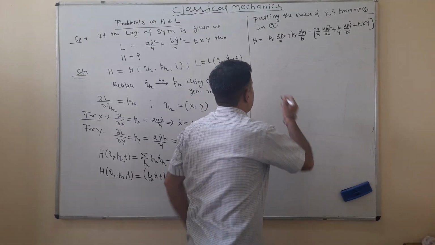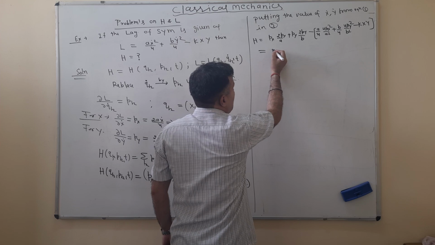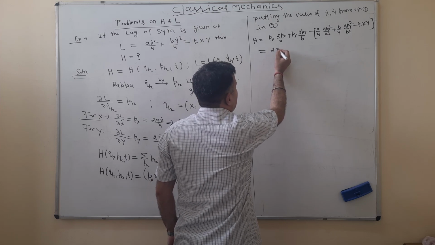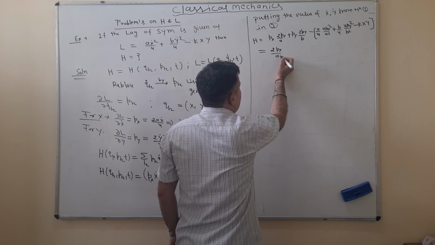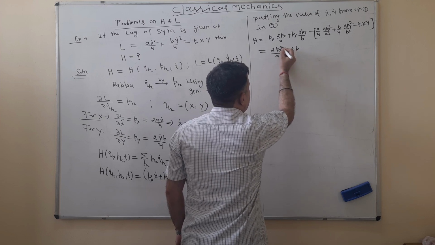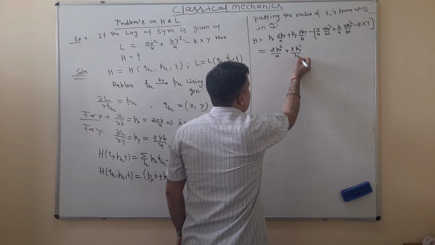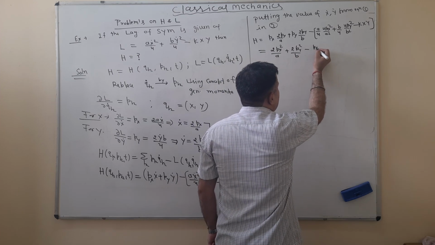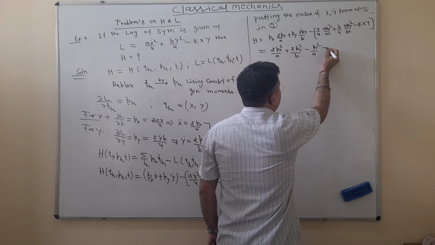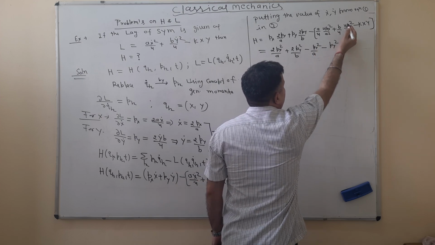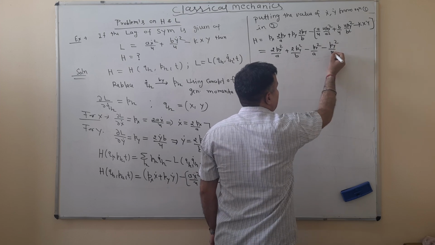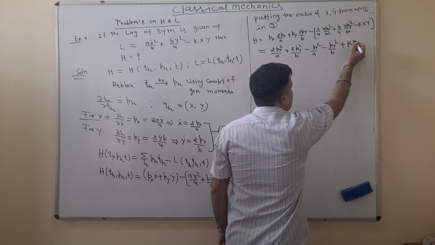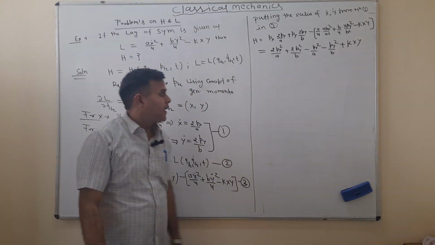Now rearranging this expression. So what we have is simply 2px by a, 2py square by b, minus Px square by a, minus Py square by b. The 4 will cancel out, b will cancel out, and we have plus K of xy.